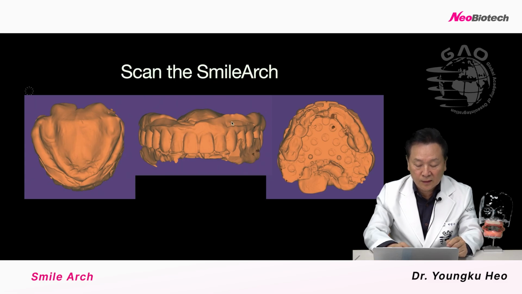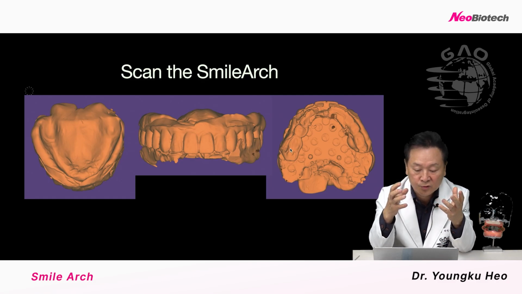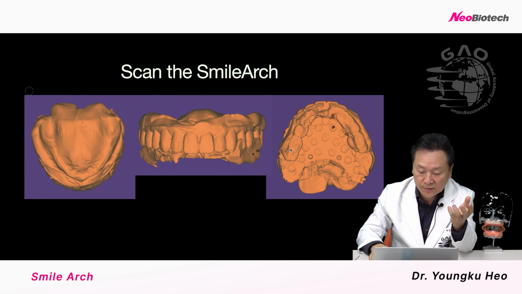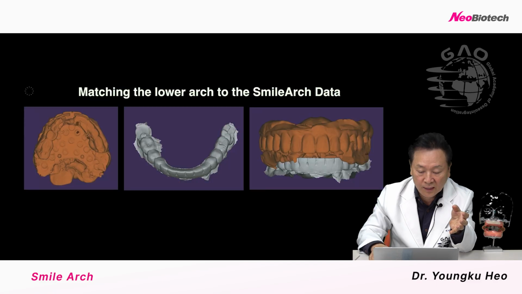From this, we can get the upper and lower arch information, and also the bite registration, because we scan this impression with an intraoral scanner or extraoral scanner. So we can get all this information.